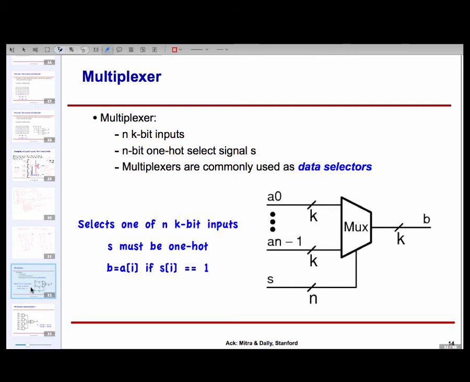The idea behind multiplexer is the following: oftentimes in our system, we face a situation where I have a bunch of sources of information, and I want information from one of these sources to be sent to the output, and I want to be able to select which one. We encounter this in many systems.